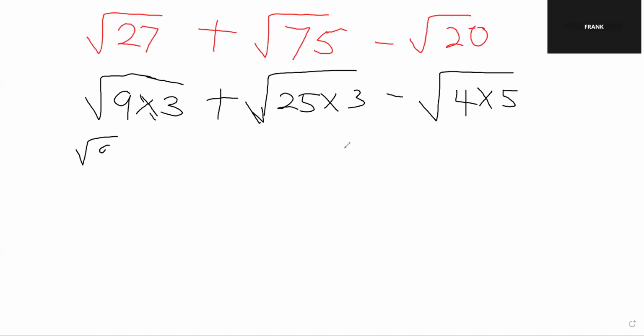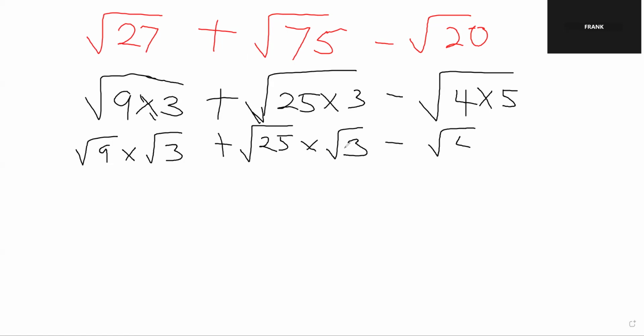We have root 9 times root 3. We have root 25 times root 3. Here we're going to have root 4 times root 5. If you have root 9, that should give you 3.